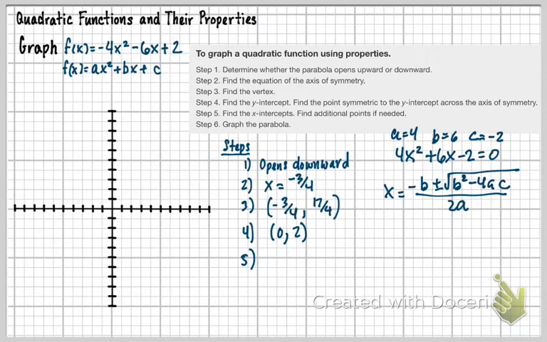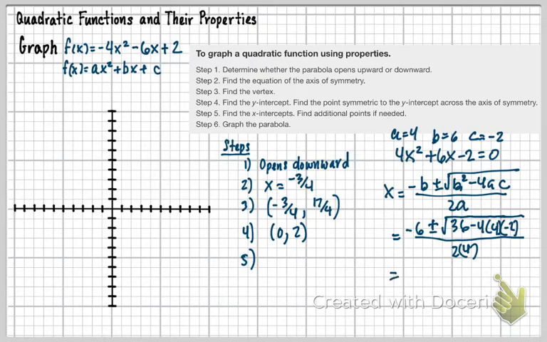So that's going to give us -6 plus or minus the square root. And I'm just going to write b squared. Our b is 6, so b squared is going to be 36. And then minus 4, my a is 4, and my c is -2. And that's all over 2 times a, which is 4.